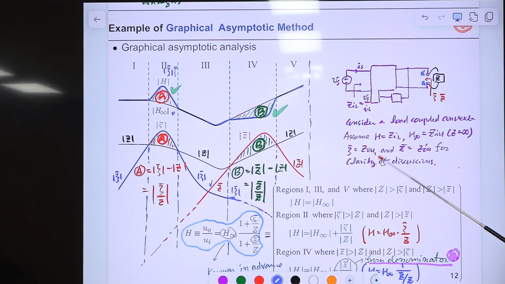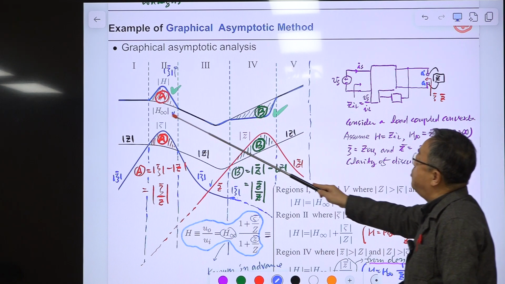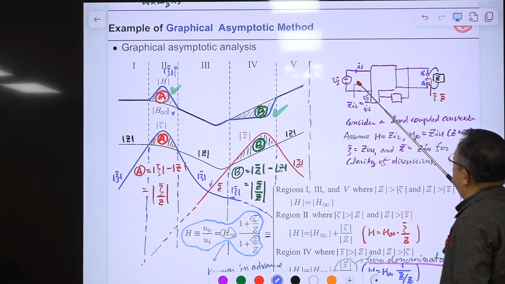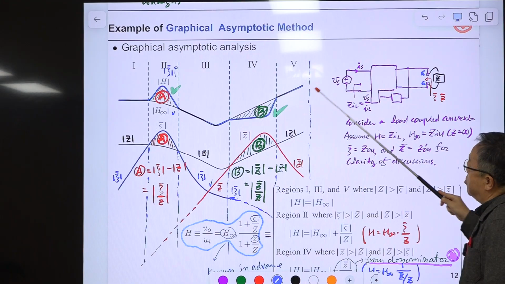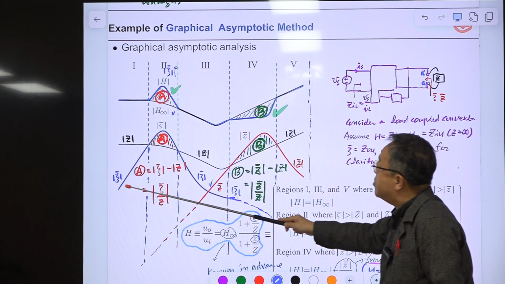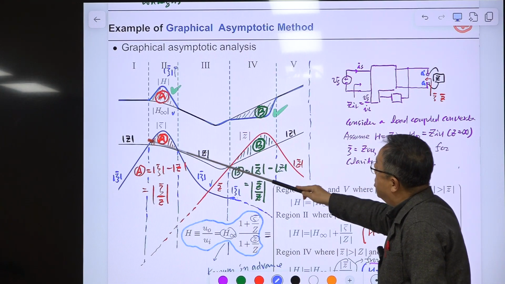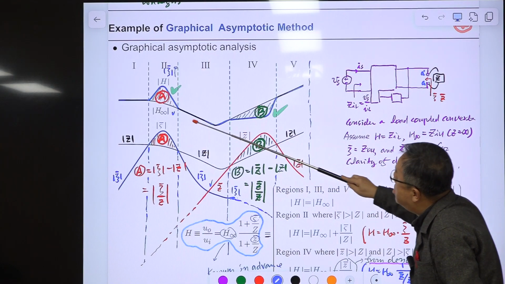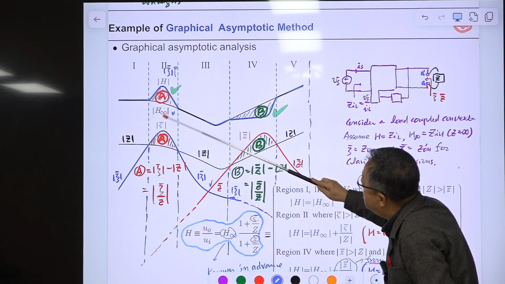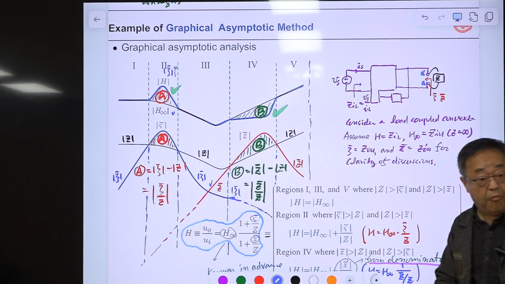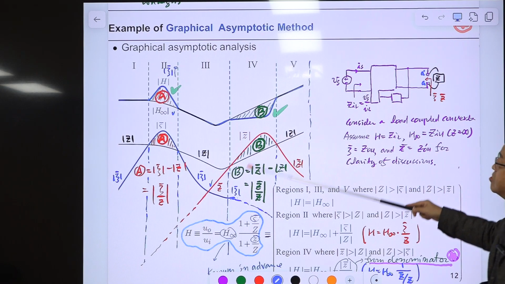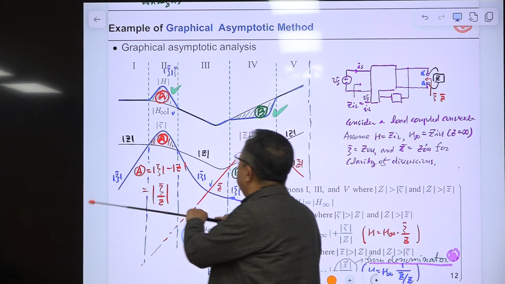Before that we analyzed our system and obtained this H infinity, the input impedance of the uncoupled converter, and we found the null driving point impedance and the driving point impedance. So these three pieces of information are available in advance. Later on this guy comes in, so we overlap this curve onto this.